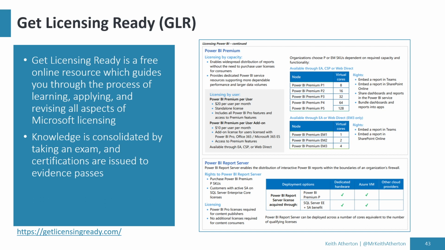So things like Power BI Premium per user, it's $20 per user per month, it's a standalone license, and so on. So I find this handy if I need a quick table or a quick bullet point reference to say, hang on a minute, I need to embed a Power BI report, what do I need? Or we're going to scale up, we've got Premium P5s required, I've got this many virtual cores, what do I need? Very, very handy reference.